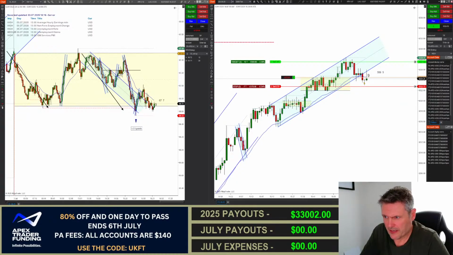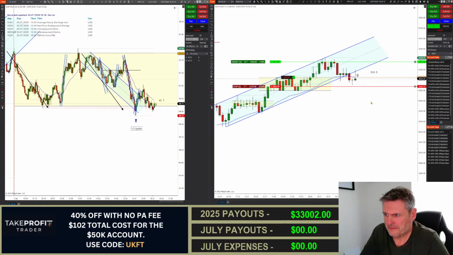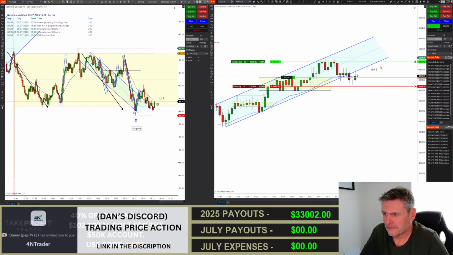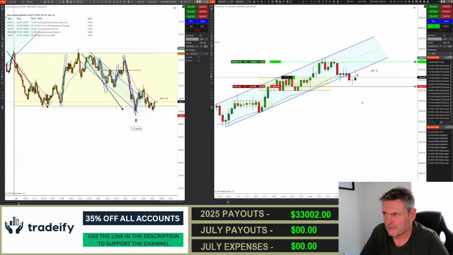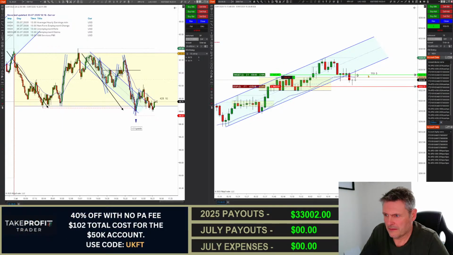That's much better, I think. It's a smaller risk. 2 legs down, see if it works. Trouble is, it may clear some of that liquidity.